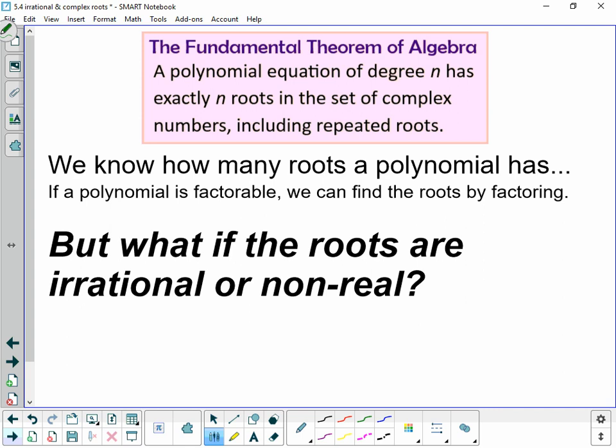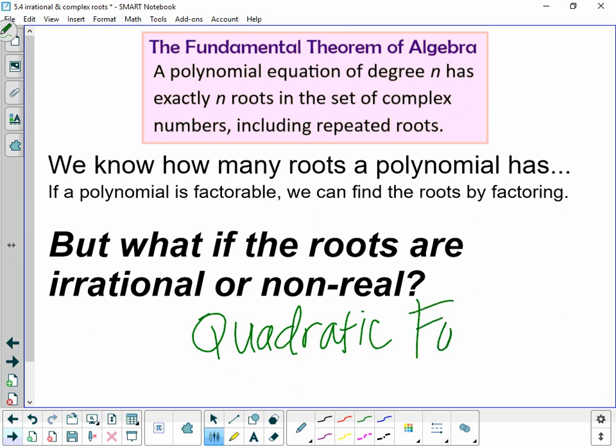And I don't know if you remember, but when you're working with polynomials, if they are not factorable, one of our solution methods is our good friend, the quadratic formula. Quadratic formula is back with a vengeance today.